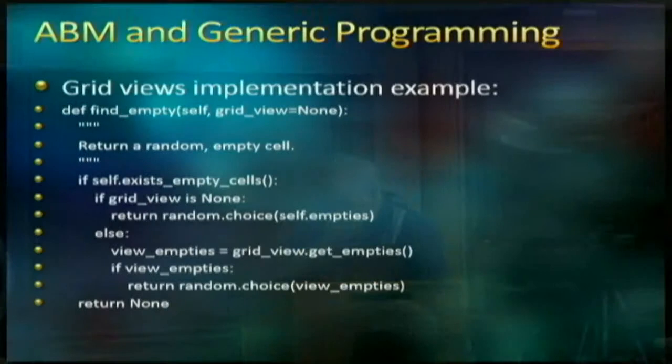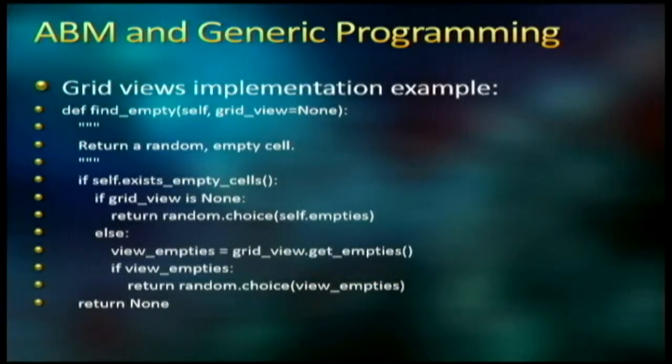And so the idea of a grid view was developed. It was possible to make each grid view a grid itself, but that seemed suboptimal because each one was going to have the cells itself if it was a grid.